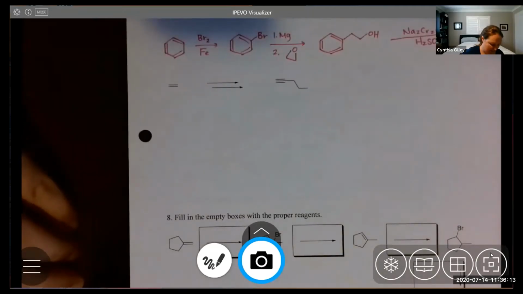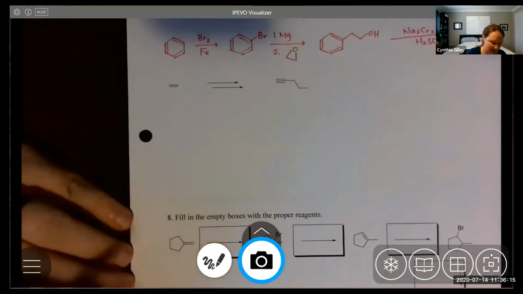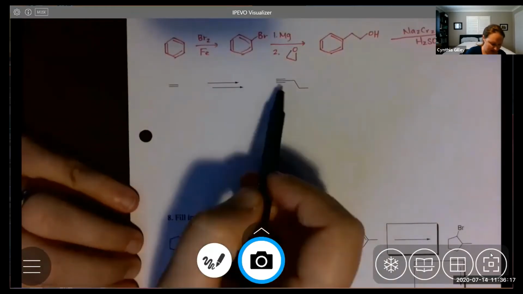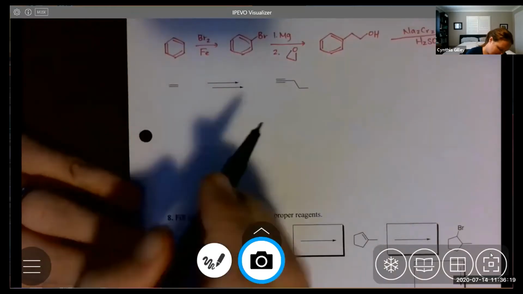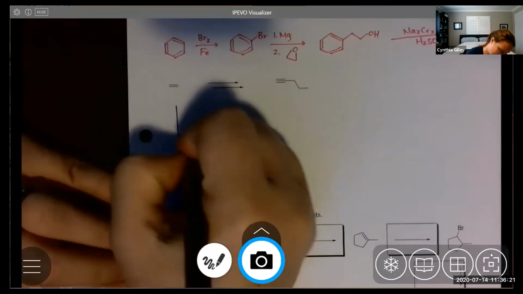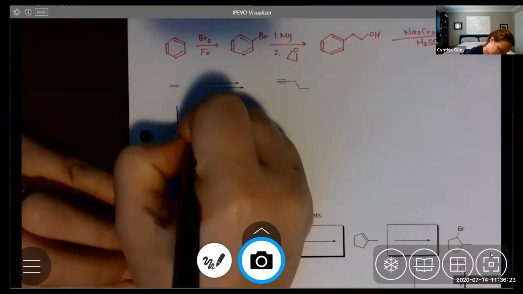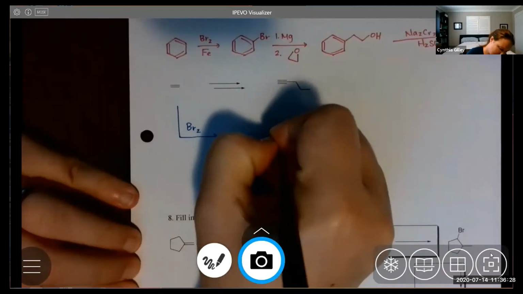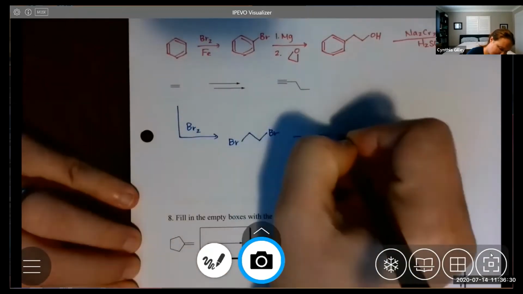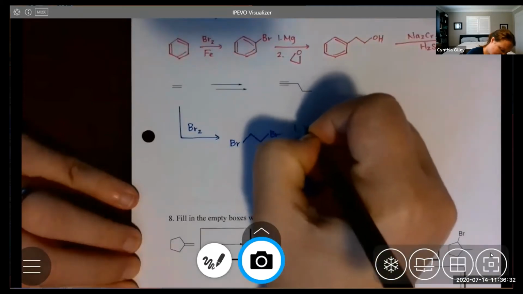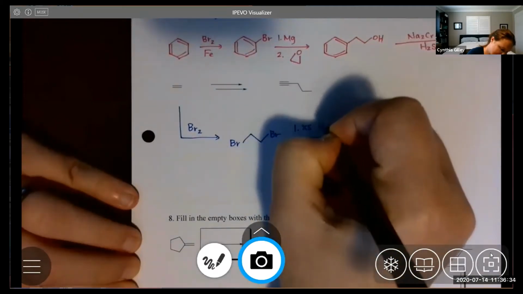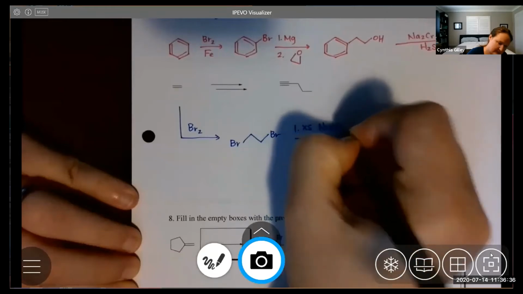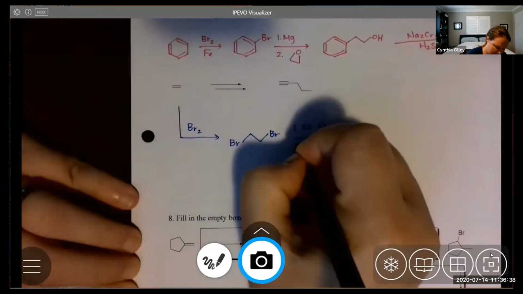So now from the alkene to an alkyne, right? We can do that and then we can just alkylate the alkyne. So there's a multi-step sequence to convert an alkene to an alkyne. First we brominate the alkene, and then we treat that with excess sodium amide and water.